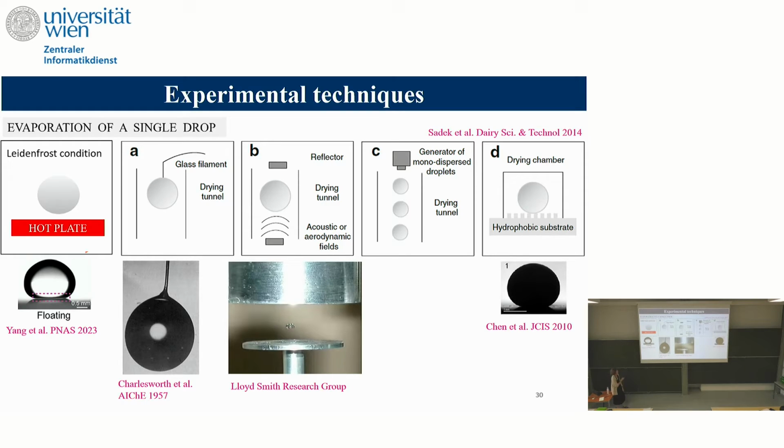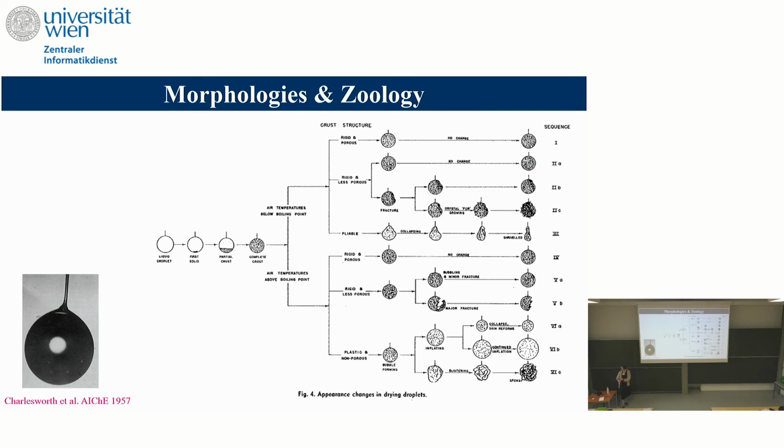And you also have a drop hanging on a filament, like this one. And I wanted to show you this paper, you see, 57. And he already got this nice, or nightmare, I don't know if it's nice or a nightmare, all the zoology you can have when you have a drop hanging with colloids inside.